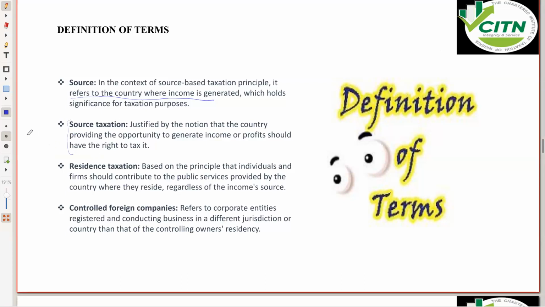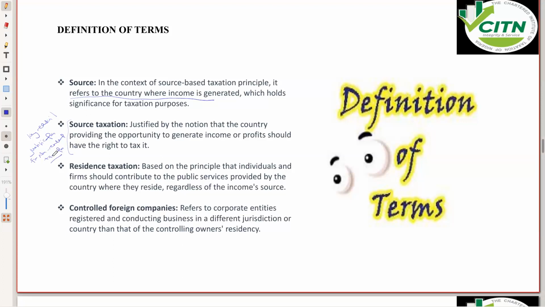This is the key reason or justification for non-resident taxation. So try to take note of this. The key reason is that the country that is providing you that opportunity to generate income or profit should be able to tax it. That is because if they are not there, you possibly would not be able to generate that income. It's important that that is taxed.